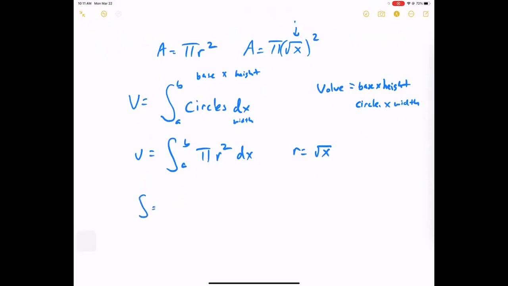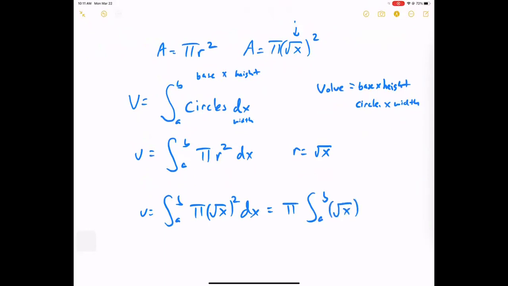So V is equal to the integral from a to b of pi times square root of x squared dx. That is our equation. One more thing: we can simplify this by putting pi on the outside because pi is a constant: pi times the integral from a to b of square root of x squared dx. That's how we find volume. This is the basic principle that we're going to be working with.